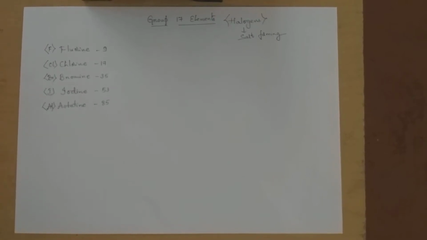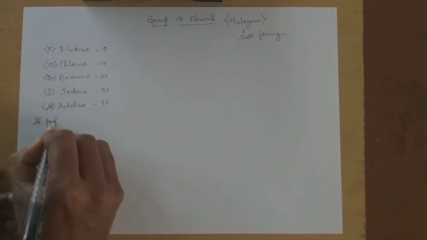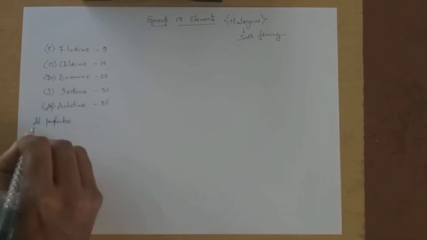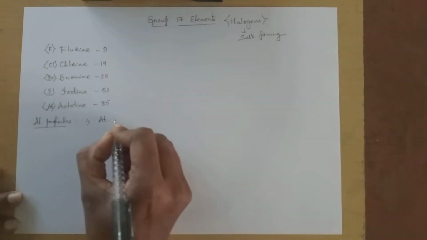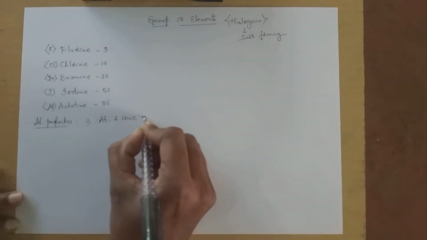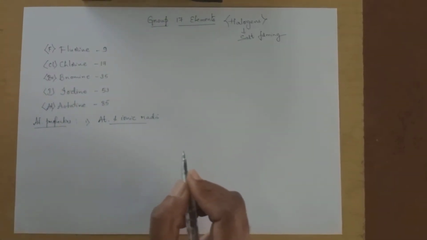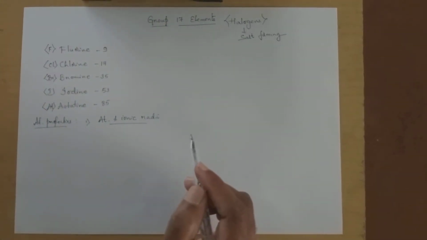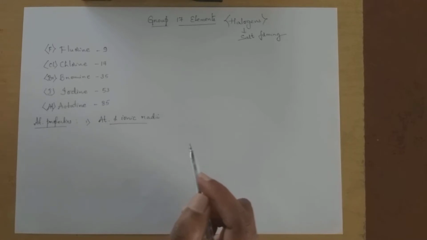So nextly we have atomic properties. As you already know, firstly atomic and ionic radius. So what happens to atomic and ionic radius down the group? These halogens have the smallest atomic and ionic radii due to maximum effective nuclear charge. Okay na?